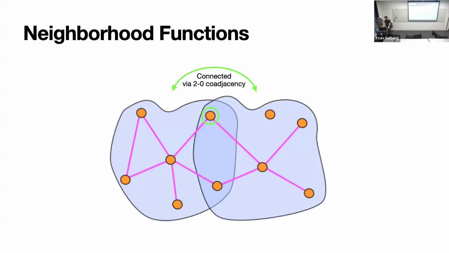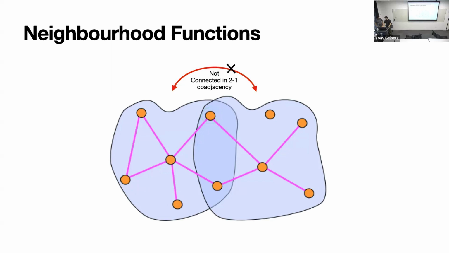So in this example, the left and right 2 cells are connected in the 2-0 co-adjacency, since they both contain the same orange node in the middle. They're not connected, however, in the 2-1 co-adjacency, since there is no 1 cell or edge, pink edge, that is contained in both. Another example is that the 0-1 adjacency is basically exactly like the graph adjacency matrix.